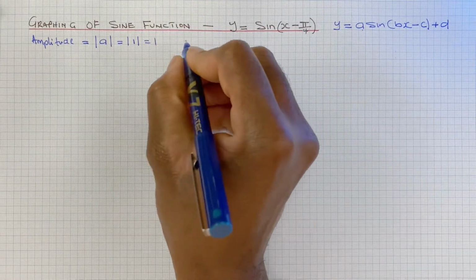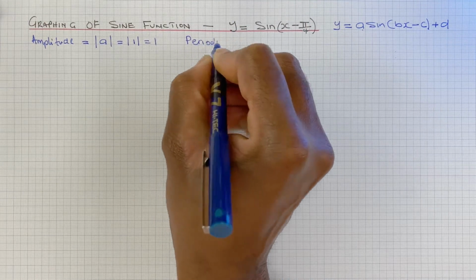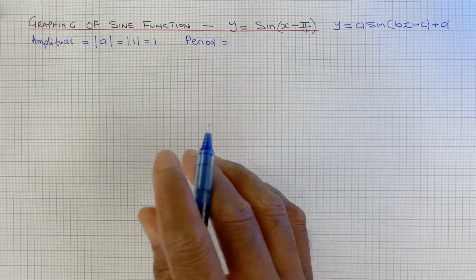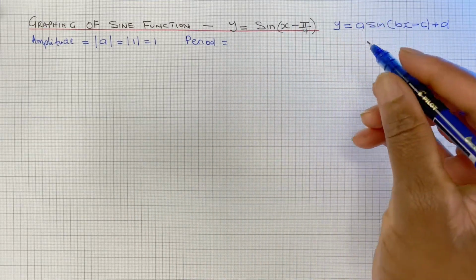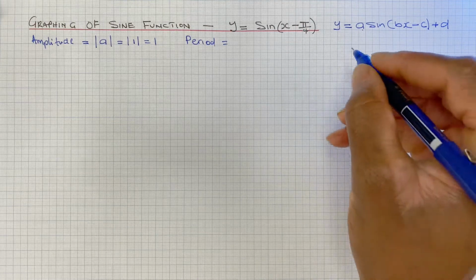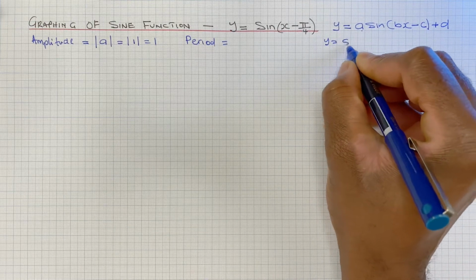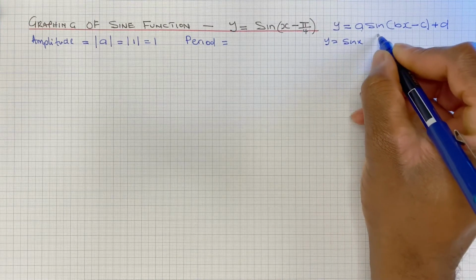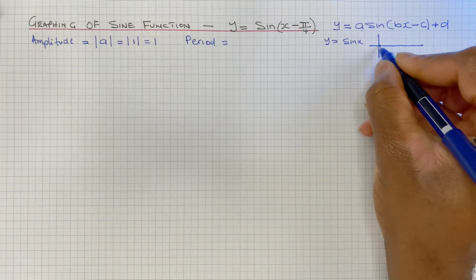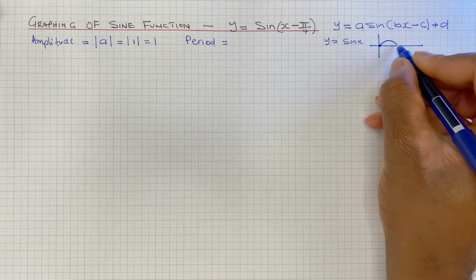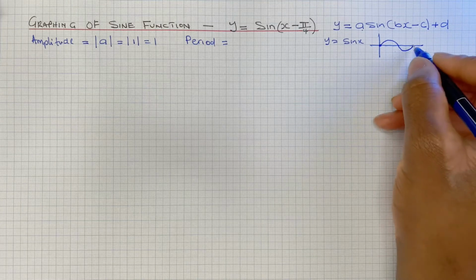The next thing we need to do is find the period. Every sine function has a period of 2 pi. If I have y equals sine x, the graph starts from 0, goes all the way to 180, and comes back to 0 at 360.